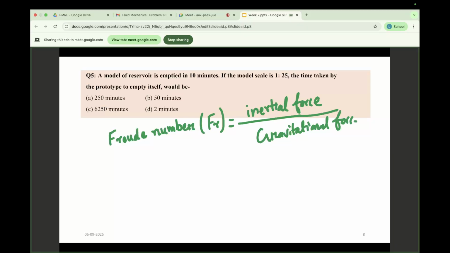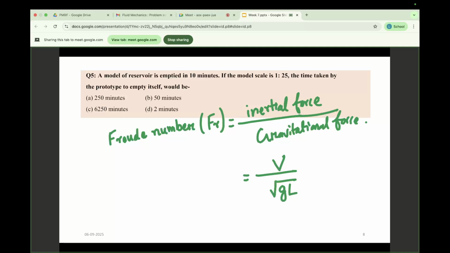And why is it essential? First I am going into this formula. Basically on simplification you will get this formula, where it is V by root of gL. That is the formula which will eventually come out.